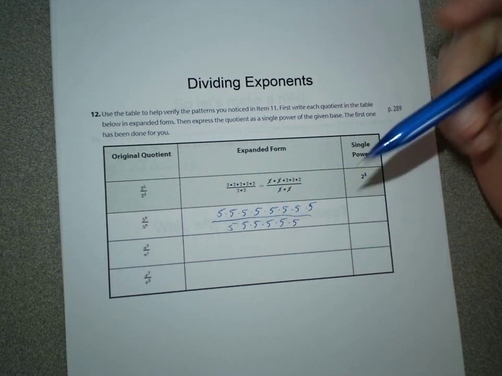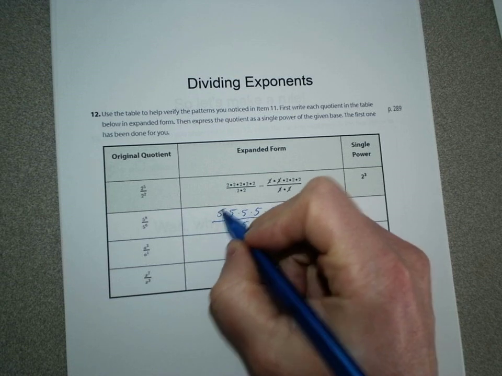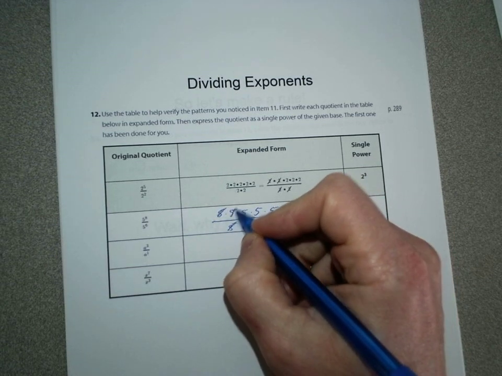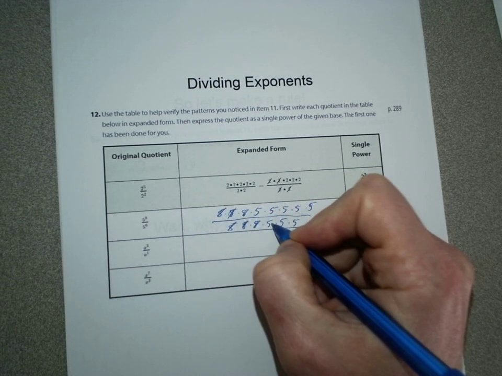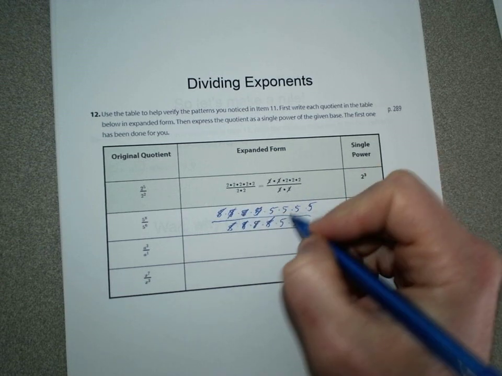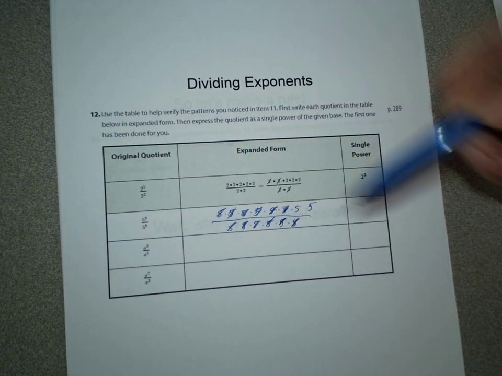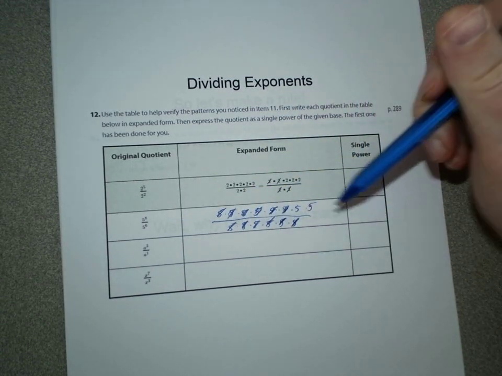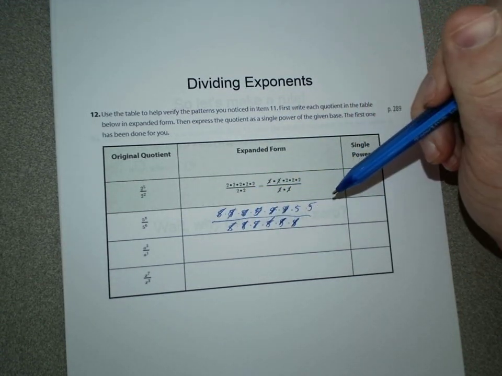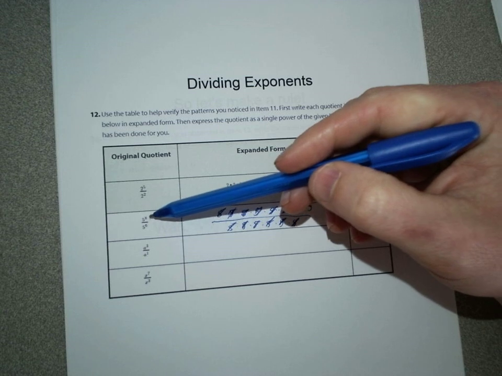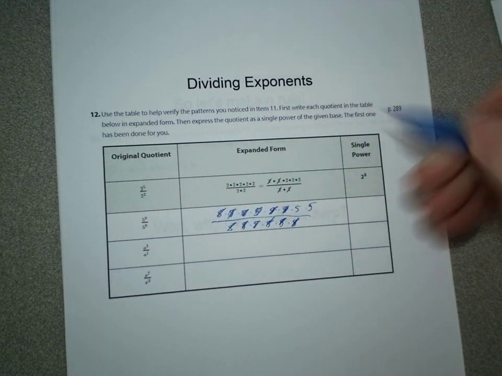So this 5 is going to take out this one, this one will take out this one, and we will keep on slaughtering 5s until we run out of 5s on either the top or the bottom. And now we've eliminated everything we can, and we're left with 2 5s on top. So we can rewrite 5 to the 8th power divided by 5 to the 6th power as 5 squared.